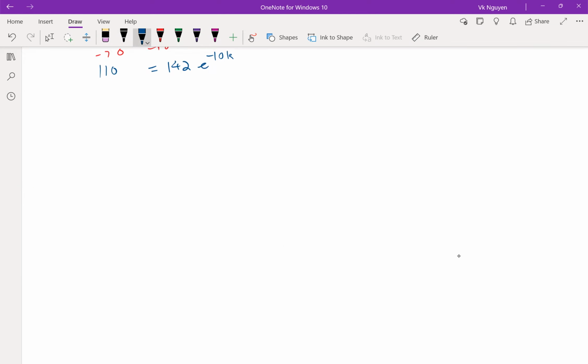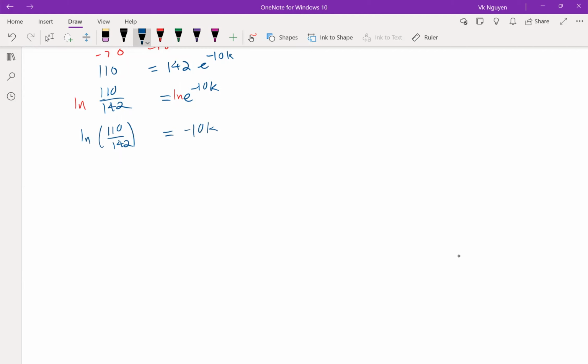To isolate the exponent, we divide both sides by 142. 110 over 142 equals e to the negative 10k. To get rid of e, we can take ln on both sides. We have ln of 110 over 142 equals negative 10k.